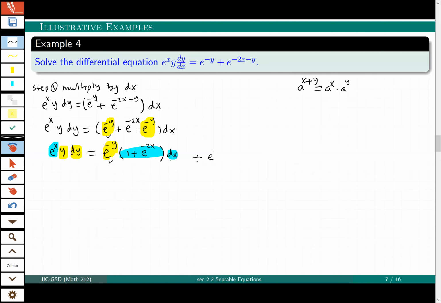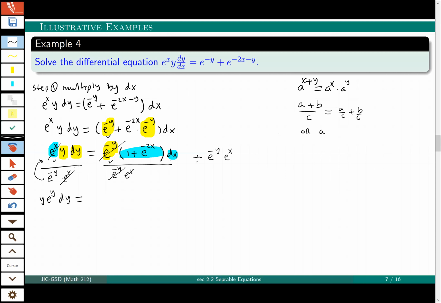Remember in math, (a plus b) over c means you can say it's a over c plus b over c, or you could say a plus b over c.